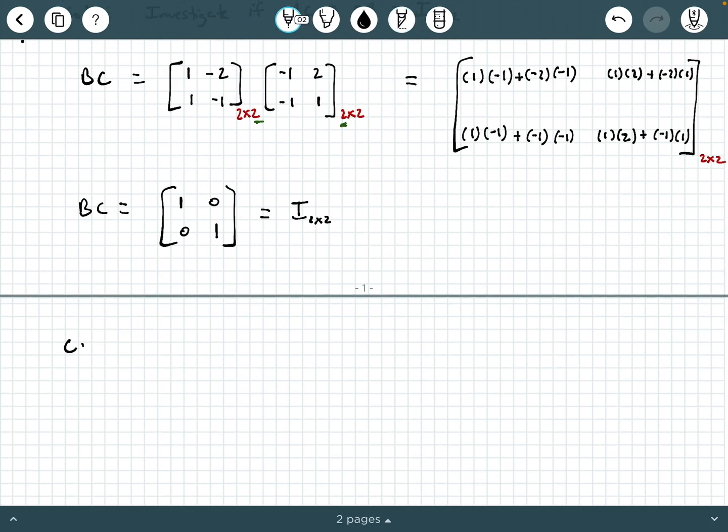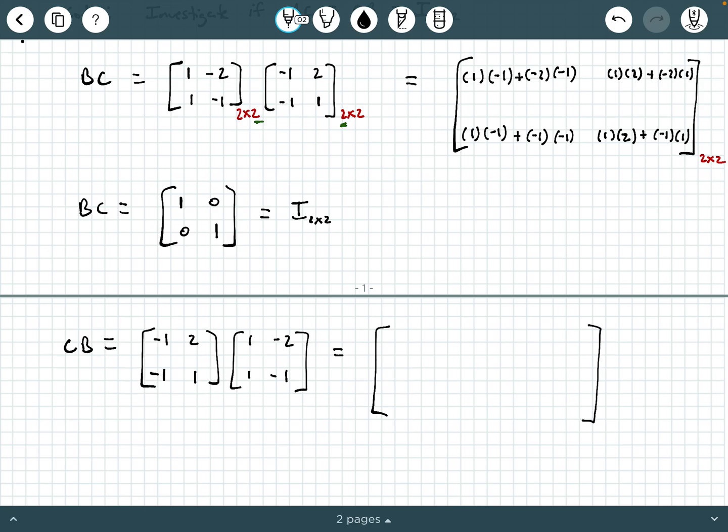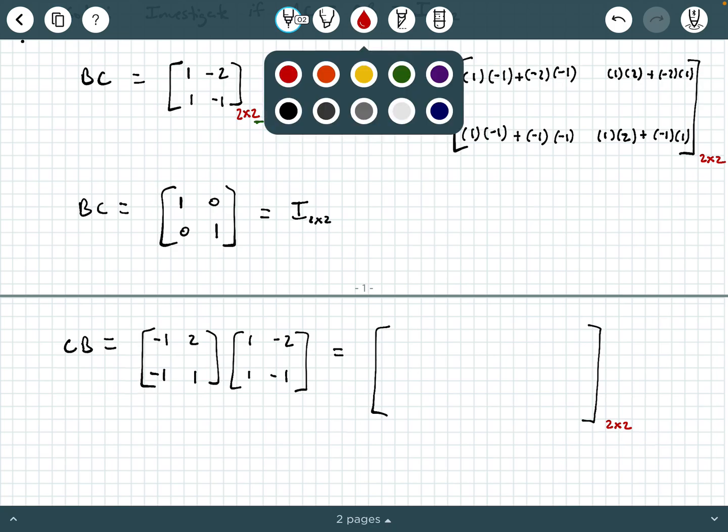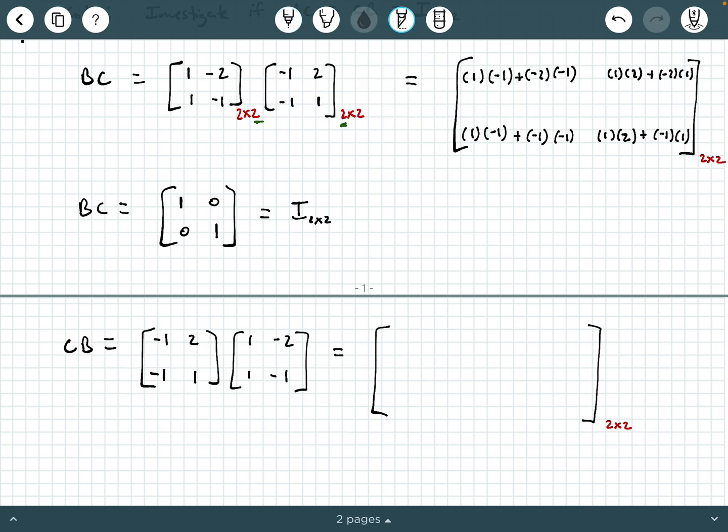So now we're going to say C times B, and we're going to multiply them in the opposite order now. 1, -2, 1, -1. There we go. And we're going to go ahead and open up a big matrix here. And again, that's going to end up being a 2 by 2. So going one at a time, we're going to have row 1 times column 1.